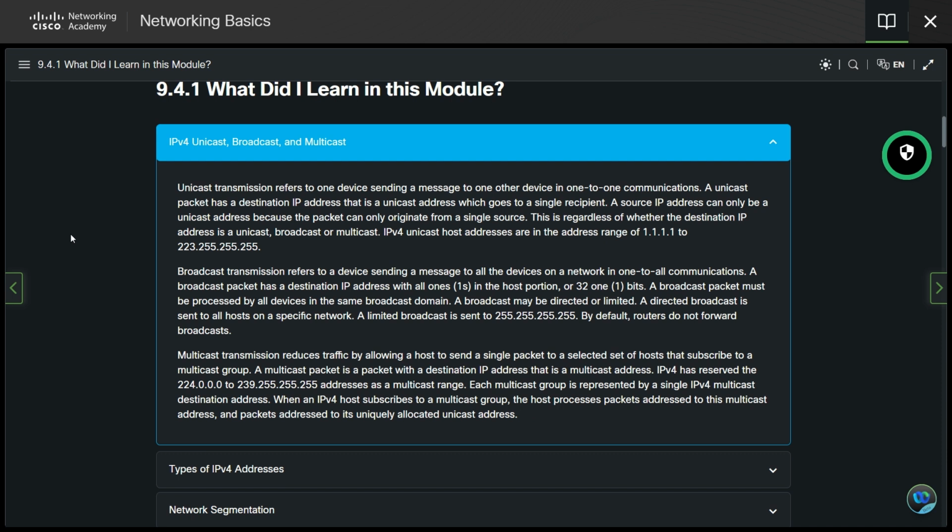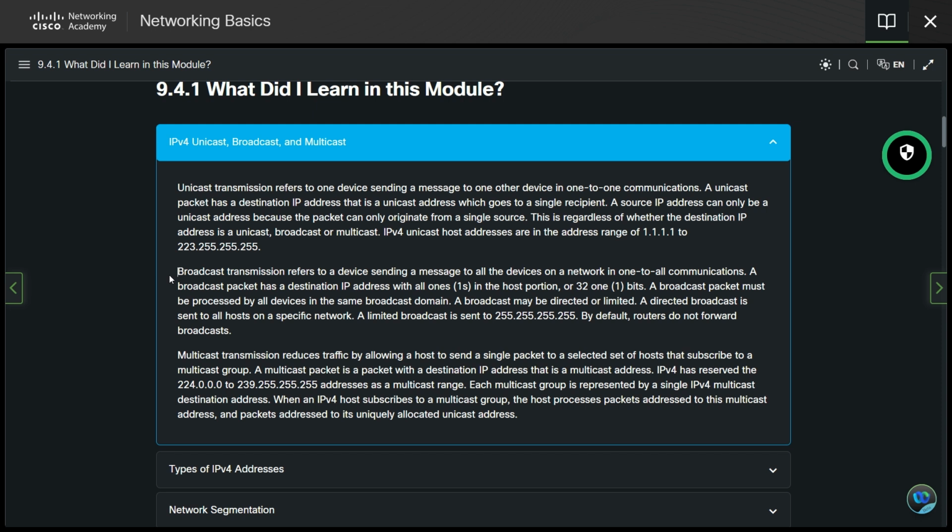IPv4 unicast host addresses are in the addressing range of 1.1.1.1 to this address. The next is broadcast transmission. This refers to a device sending a message to all devices on a network in one-to-all communication. A broadcast packet has a destination IP address with all ones in the host portion, or 32 bits.